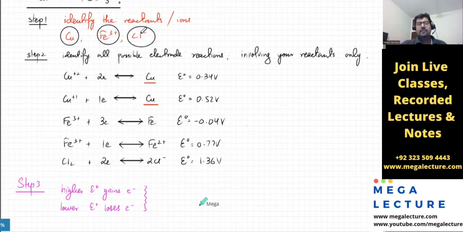There should not be a fourth thing, because these are your reactants. Someone between them has to gain electrons, and someone out of these three has to lose electrons, right?